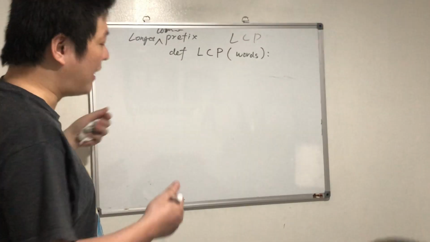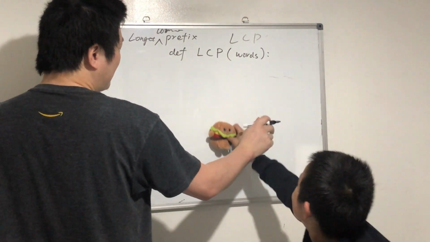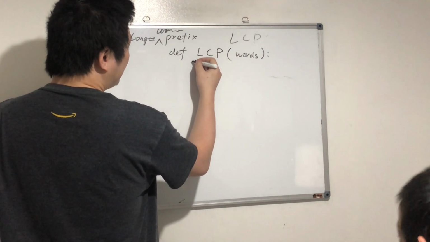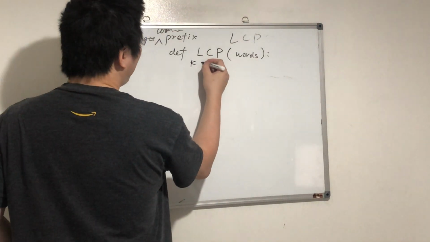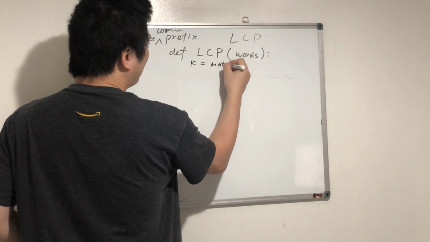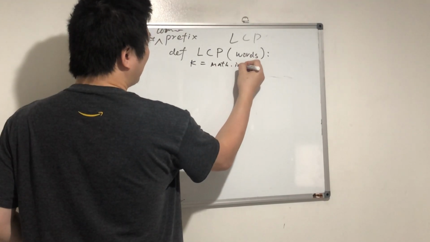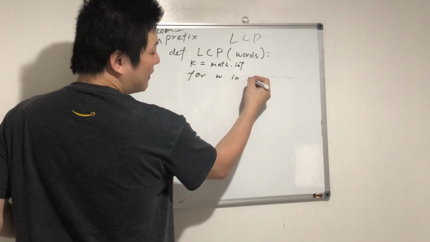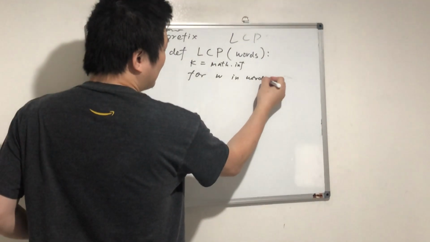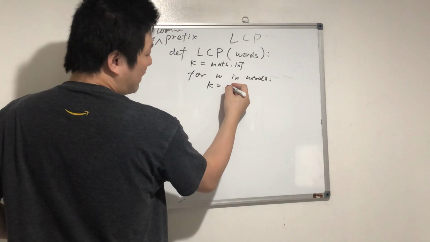Let's say the shortest length is k, and k is equal to a very big number, infinity. And for w in words, k equals what?